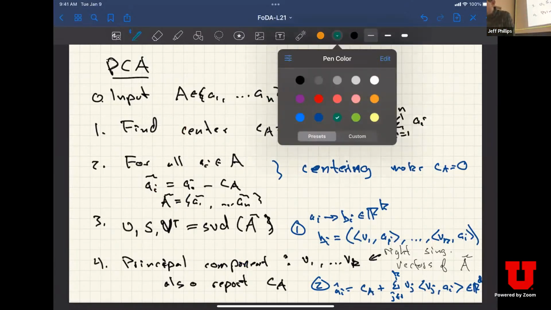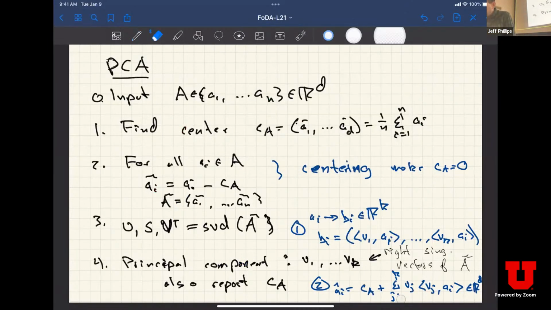Let me make that a little bit more clear. Great, this seems good. Okay, so this part is this centering step.